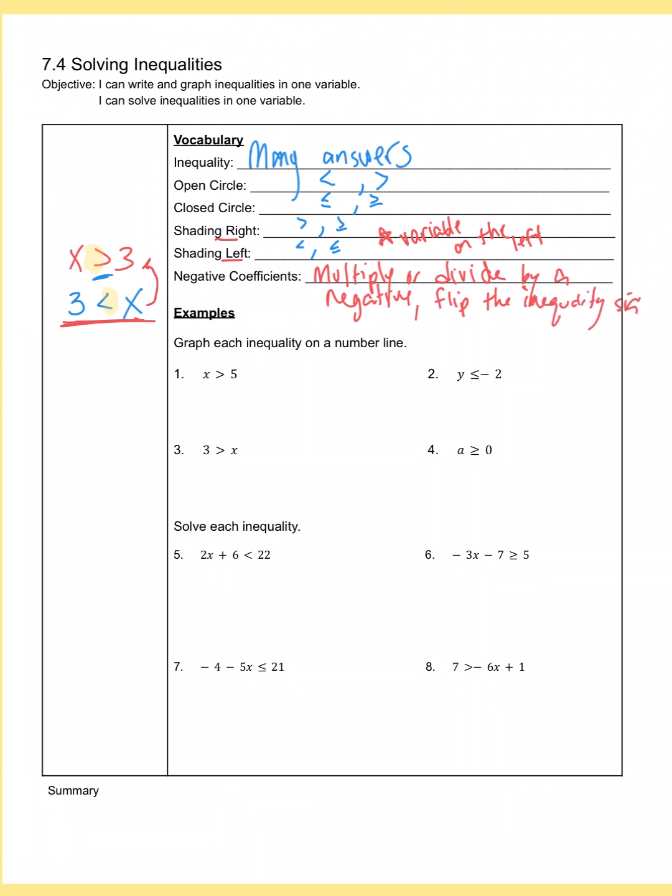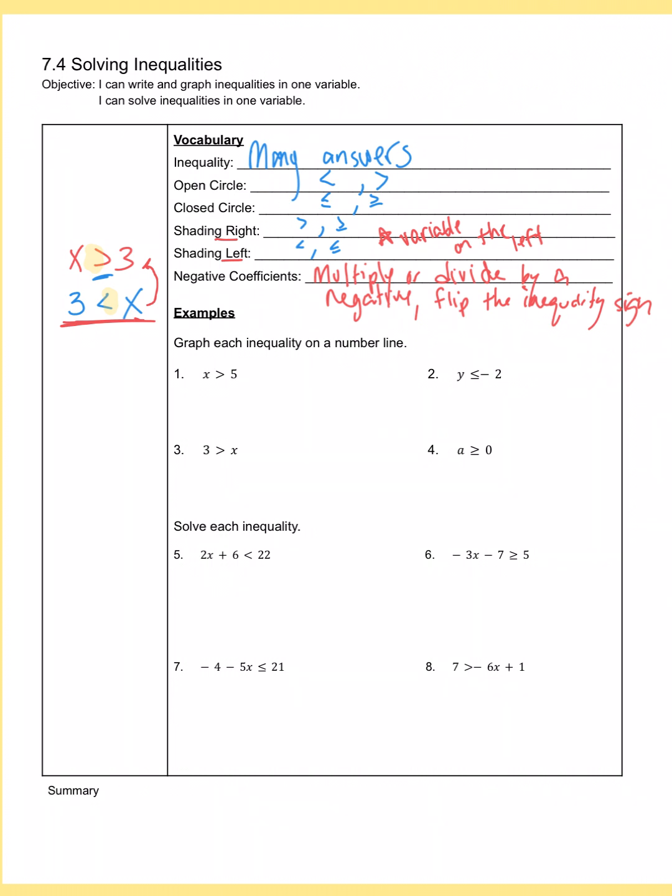So if it was less than and you multiply or divide by negative, it's going to become greater than. If it was greater than or equal to and you multiply or divide by negative, it becomes less than or equal to. And we'll look at a couple examples of that towards the bottom here.